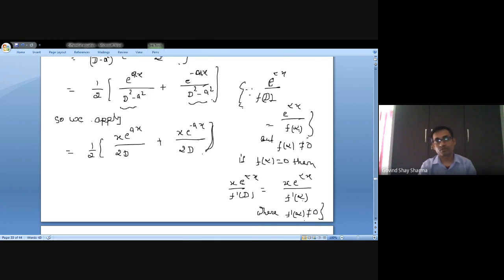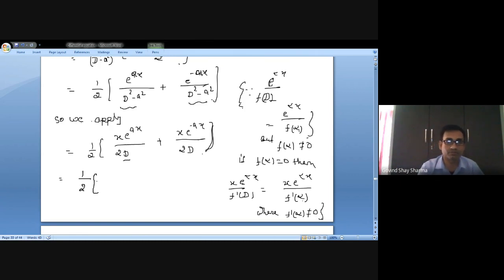Okay, so here we get 1 upon 2, 1 by 2 differentiation of x e to the power alpha x integration.